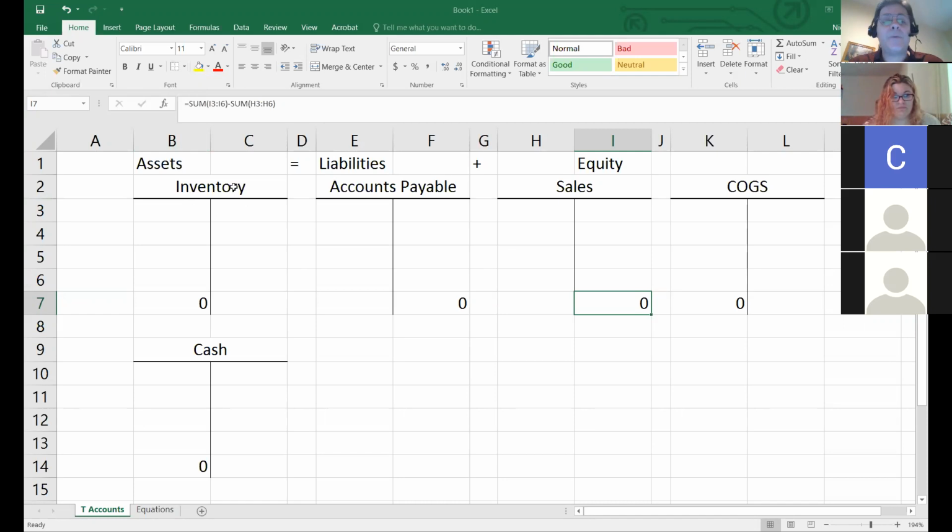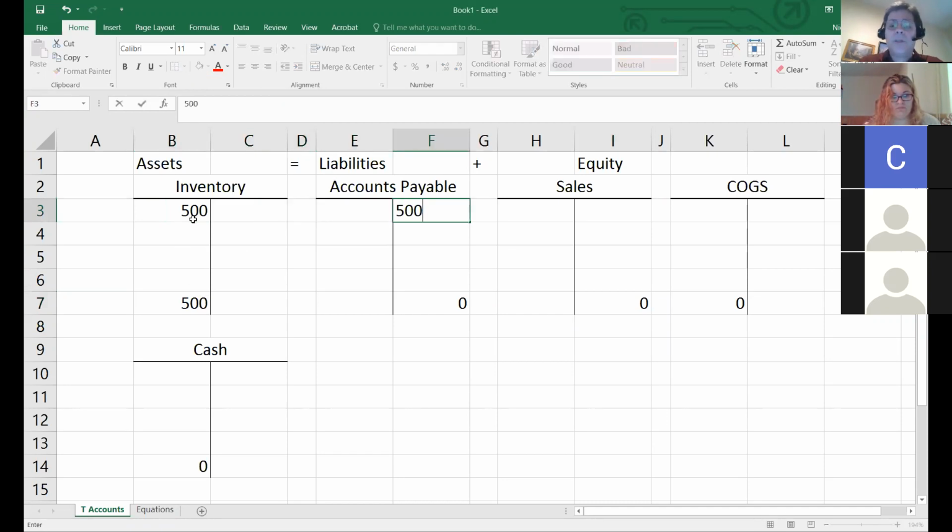You put the account name up top. Notice our asset, liability, equity, accounting equation. And when you buy inventory, you're going to debit inventory and credit accounts payable, because you're usually going to buy on credit. That's the sort of journal entry you've done lots of times before.